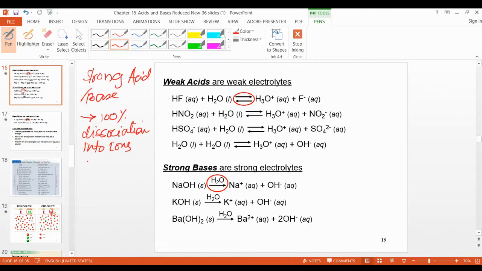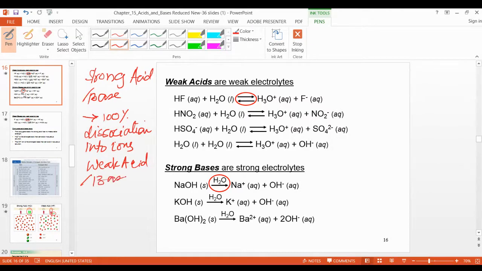All right, that is a weak acid or weak base. Weak acid, weak base, weak electrolyte, and only 1% dissociation into ions.